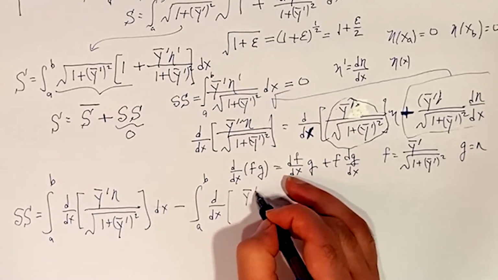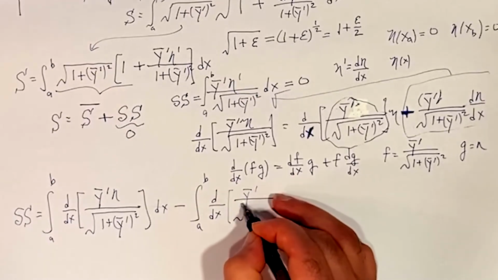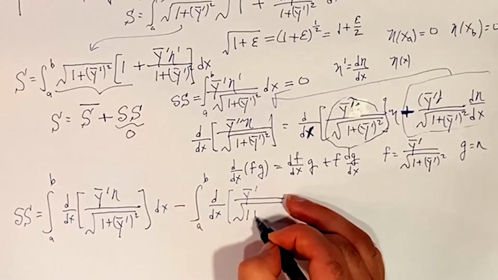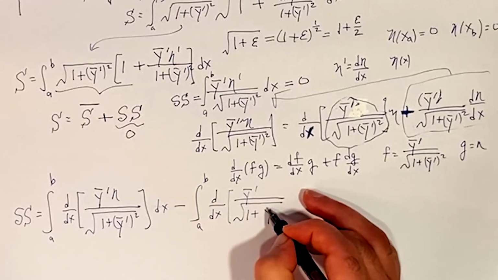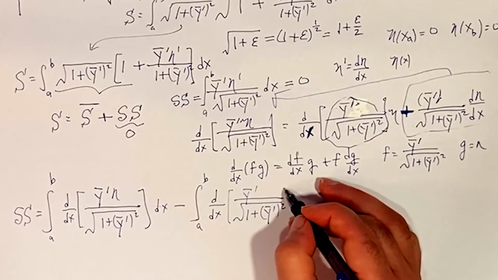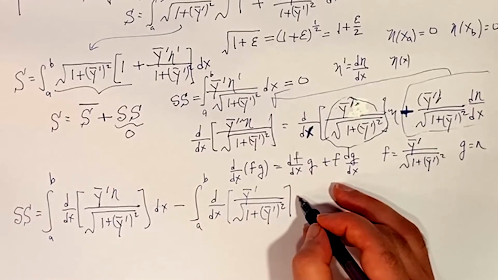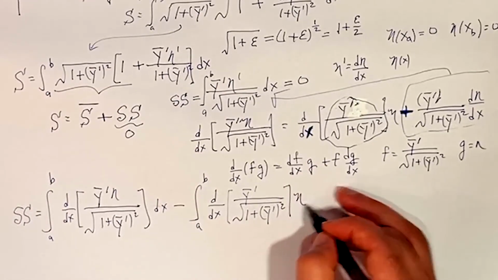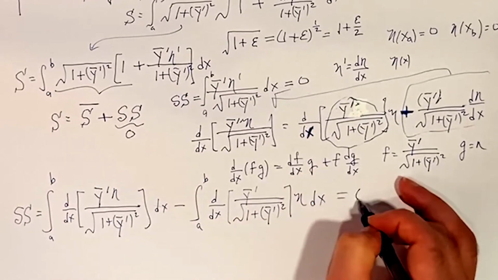y bar prime over the square root of 1 plus y bar prime squared, and that's going to have an eta on the outside and dx. This has to be 0.